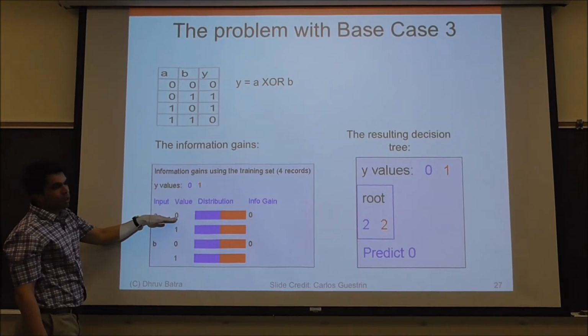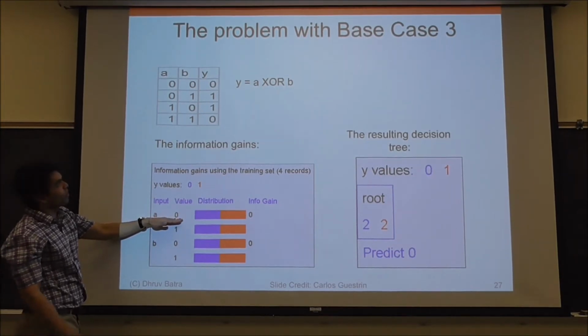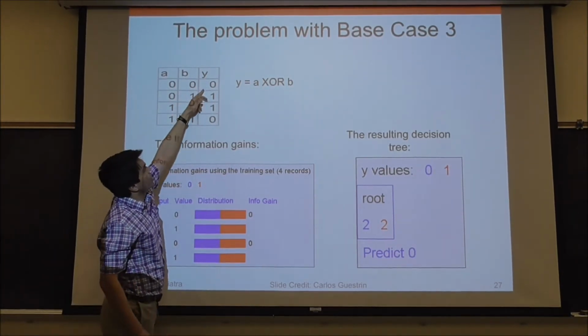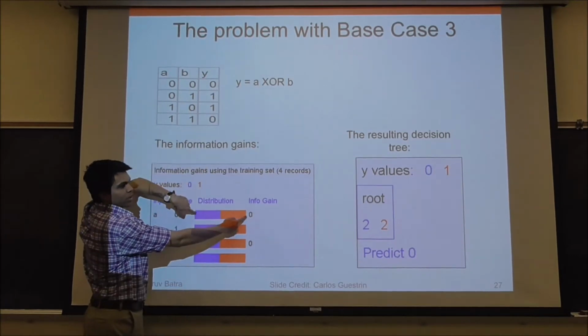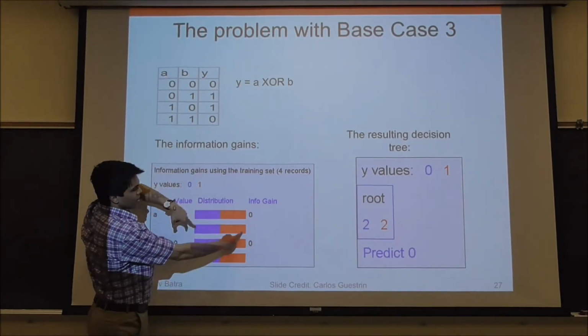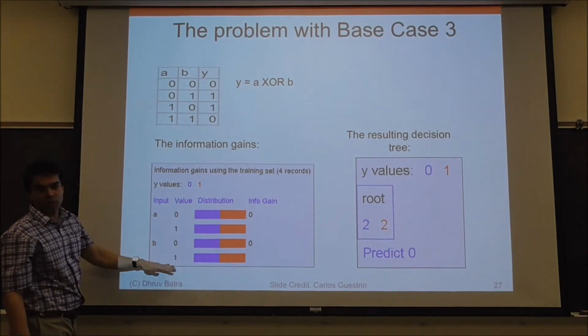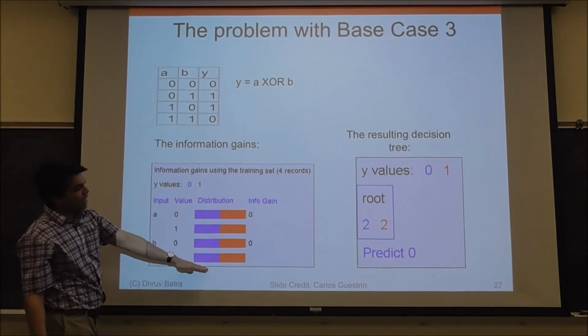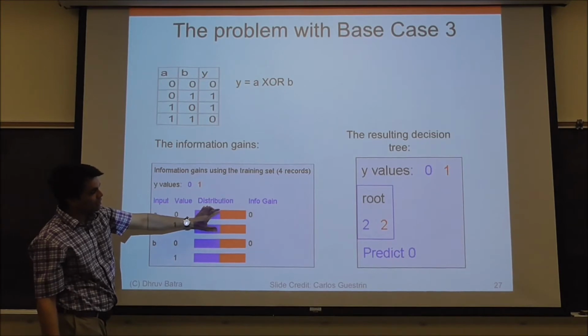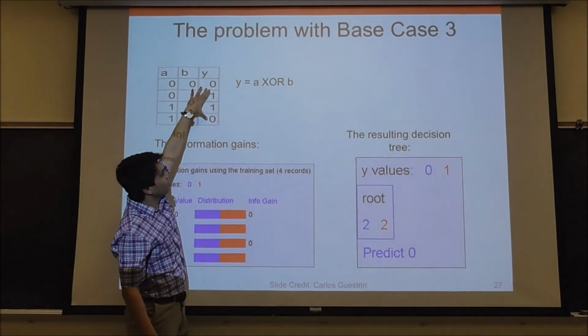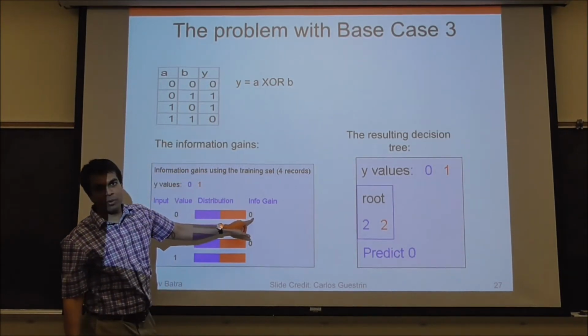Let's go ahead and split on a equals 0. So every time a equals 0, there's still a 50-50 split in y. That's what this is indicating. A equals 1, still a 50-50 split in y. And if you just repeat for b equals 0, b equals 1. What that tells you is that right now, since this entropy is the same as this entropy, the mutual information is 0. There's nothing we gain from splitting on that.